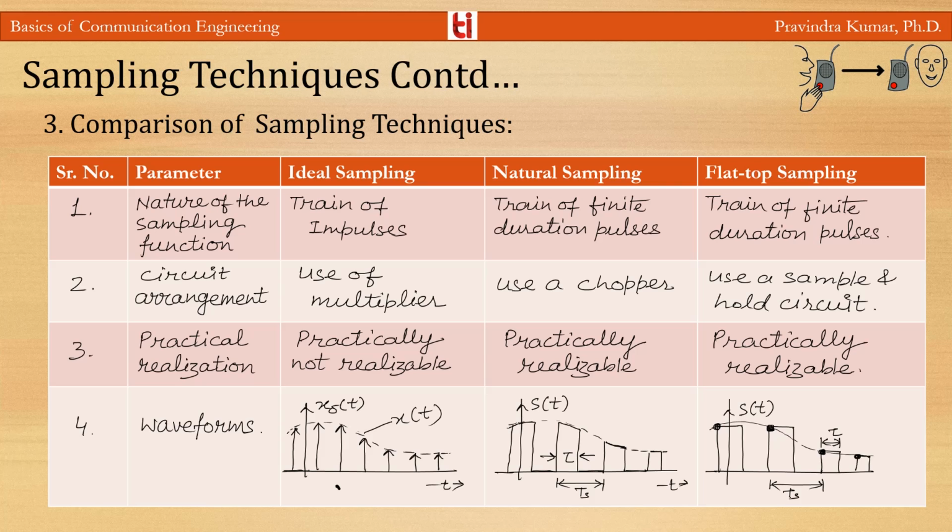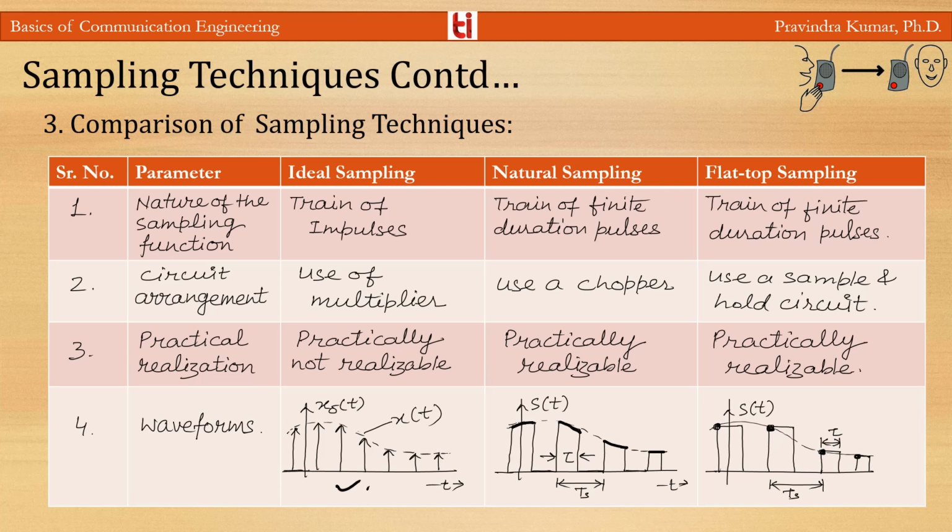And if we see the waveform of the ideal samples, as you can see on your screen, it looks like this. In natural sampling, the waveform has finite duration, but the amplitude is varying, and this varying amplitude is proportional to the baseband signal x(t).